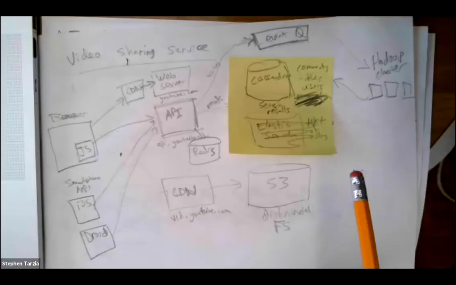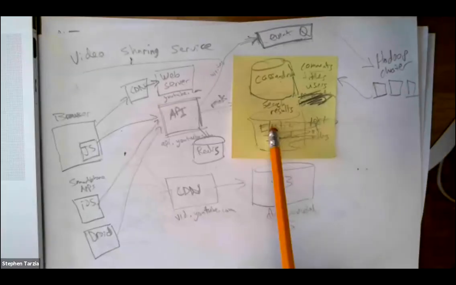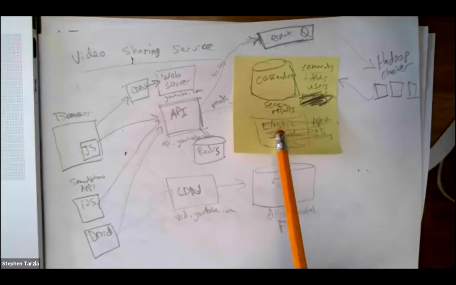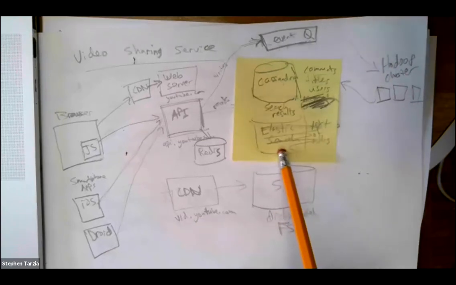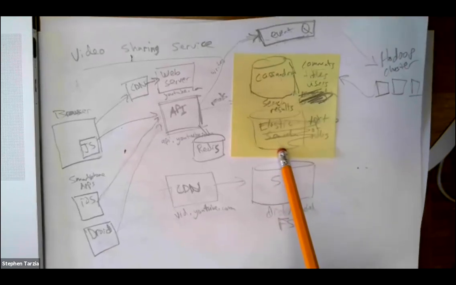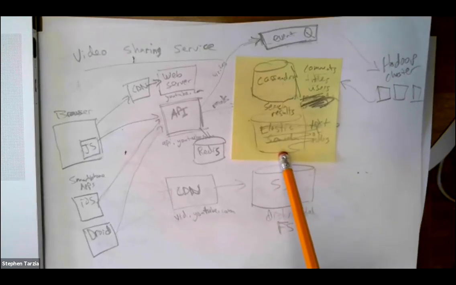Cassandra does not have the same full text search that Elasticsearch has. If you want that functionality, you can use Elasticsearch. That's one of the reasons why I included Elasticsearch down here in the original design. You might want to have both Elasticsearch and Cassandra because Elasticsearch gives you some really nice full text search built in automatically.